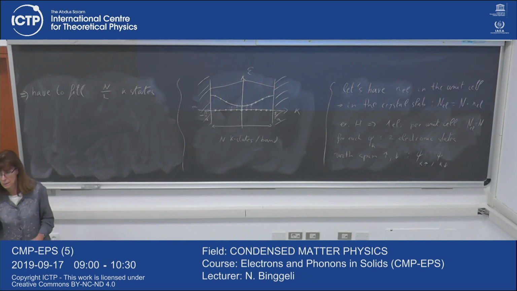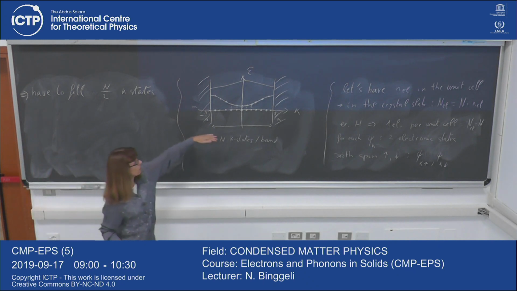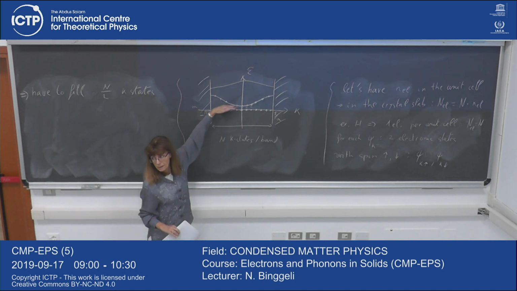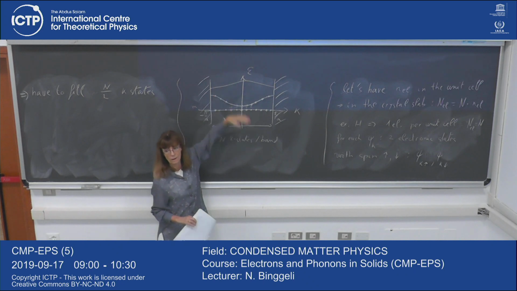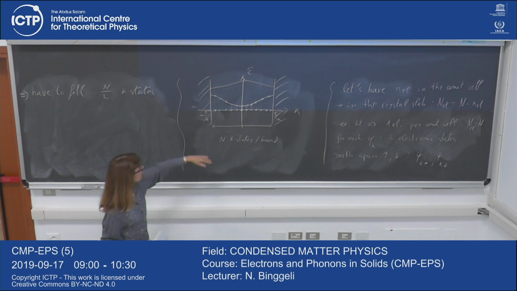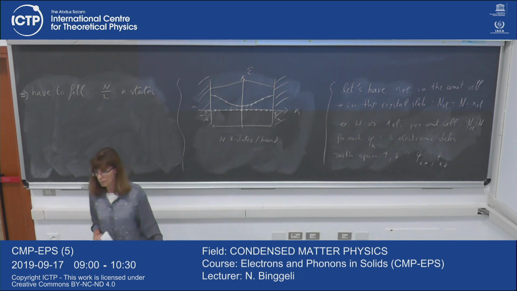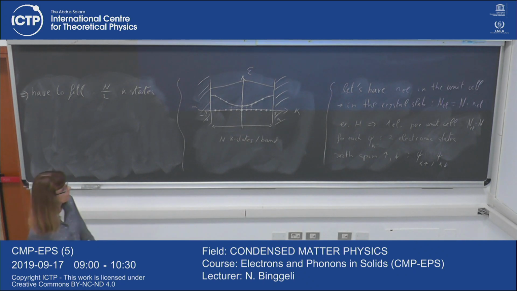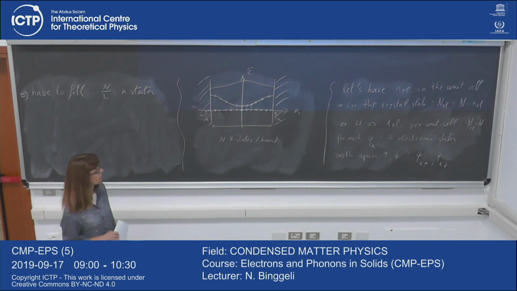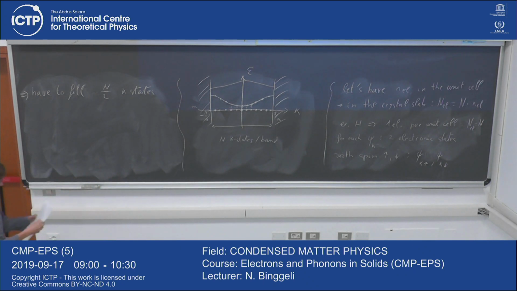And of course, like in the hydrogen atoms, you fill starting from the lowest state until you have used all of your electrons in your system. So I have to fill exactly n over 2 k states here, up to my total number of n, where n is the number of electrons in my system.